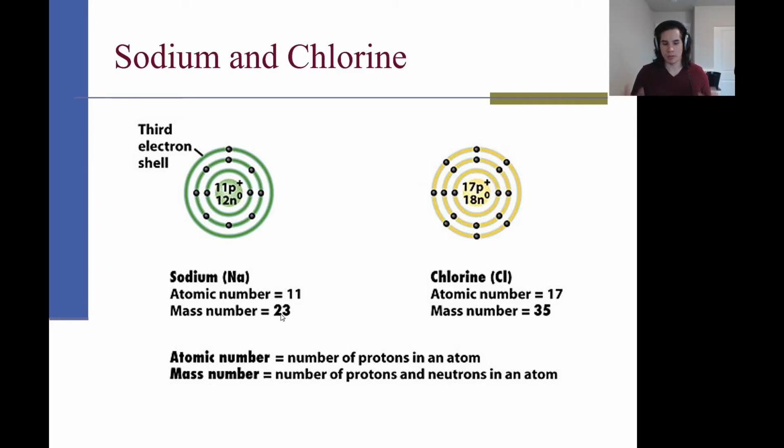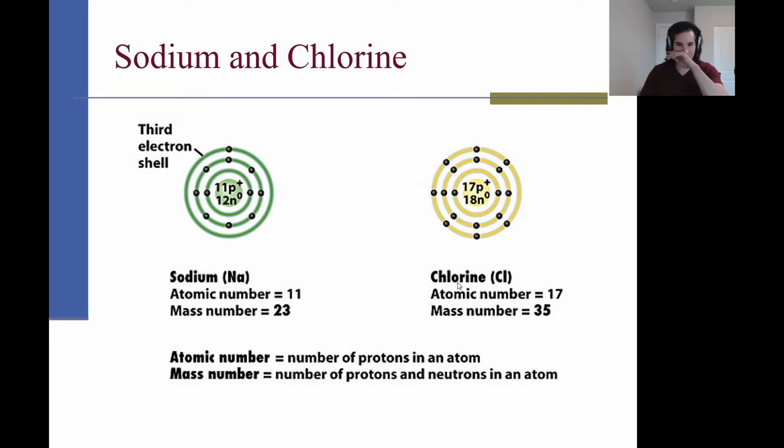So remember, if the mass number is the combination of protons and neutrons, then all we have to do to determine the amount of neutrons in the nucleus of this sodium atom is subtract 11 from 23. So 23 minus 11 would be 12, right? So 12 neutrons in this sodium atom.